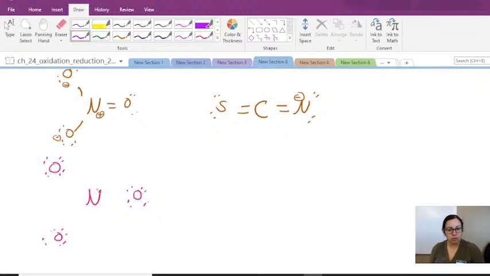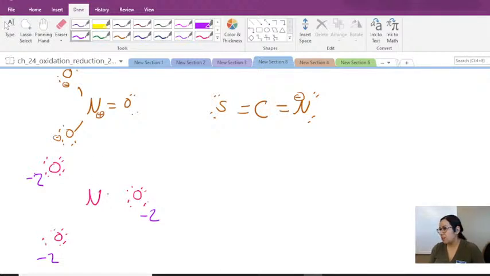Since all the oxygens are -2, and then don't forget it has a -1 charge, since it's a -1 charge, it would be an oxidation state of +4. +4 or plus? Oh, +6.